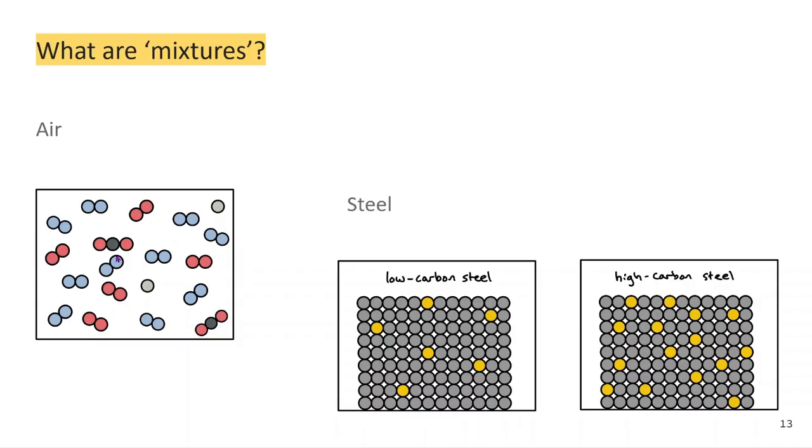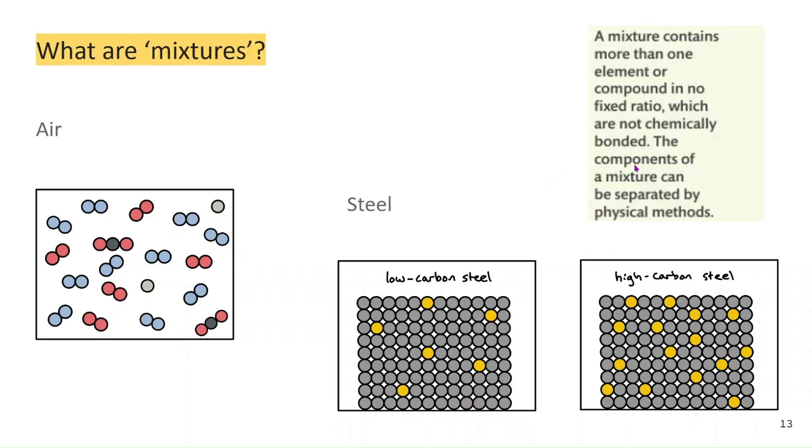The components of a mixture do not require a fixed ratio, which you can see in these, right? There's no specific ratio to how these things are mixing together. Maybe you add a little bit more CO2, or we have a little bit more oxygen, or in this steel, one of these has less carbon than the other.